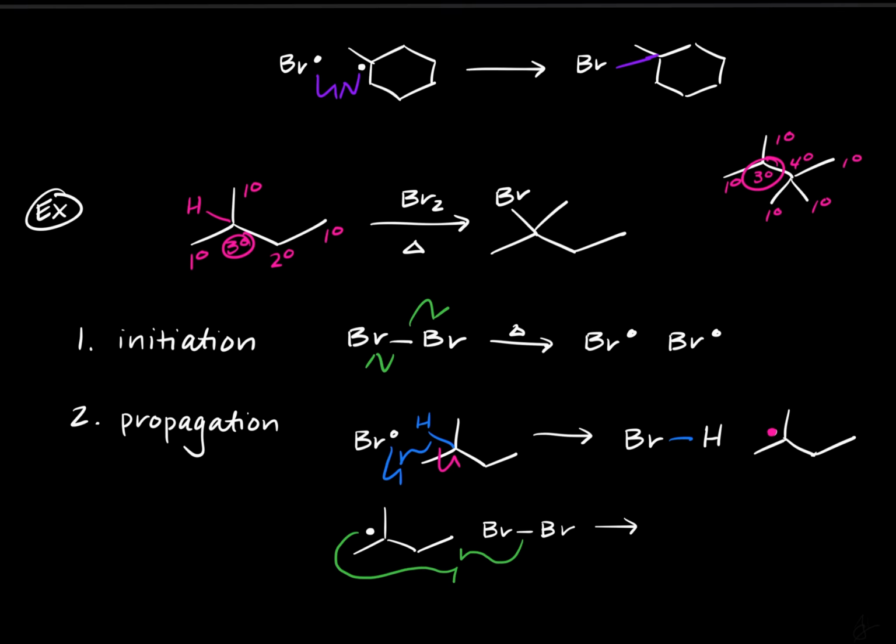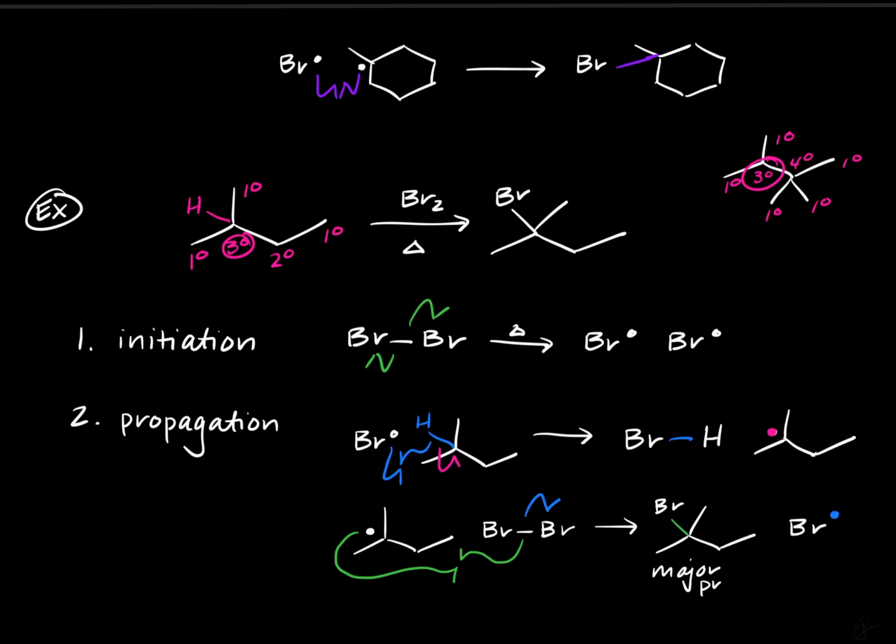And this other electron can go onto that bromine itself. In this case, we end up with a carbon-bromine bond and a bromine with a free radical. Finally, we formed our major product.